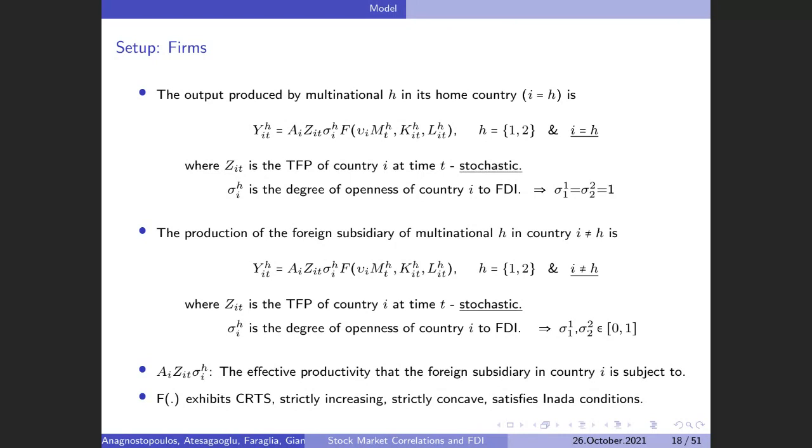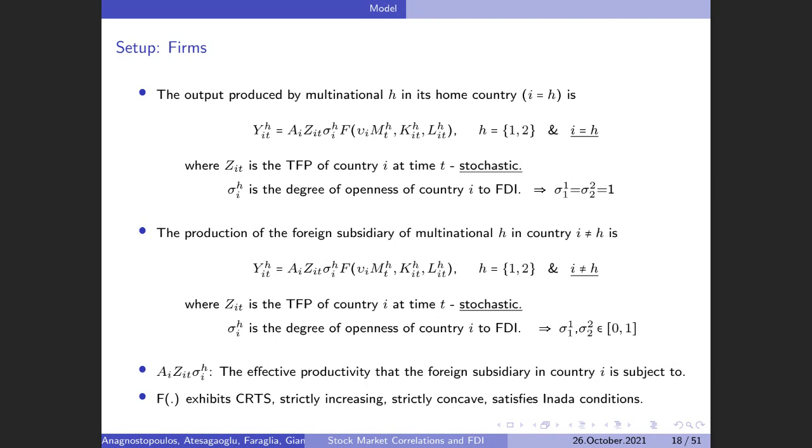Why is it the case? Because when we look at these economies, what we observe is FDI levels are always smaller than domestic production levels. Why is that the case? Why not everybody is coming and producing in my economy? Because there are different frictions, right? Information frictions, cultural frictions, uncertainty frictions. So for a foreign plant to come and produce in your economy is a little bit different than a domestic producer producing in your economy.